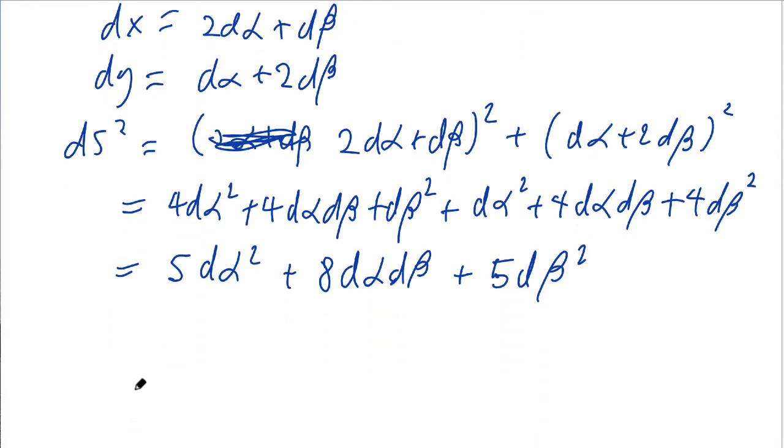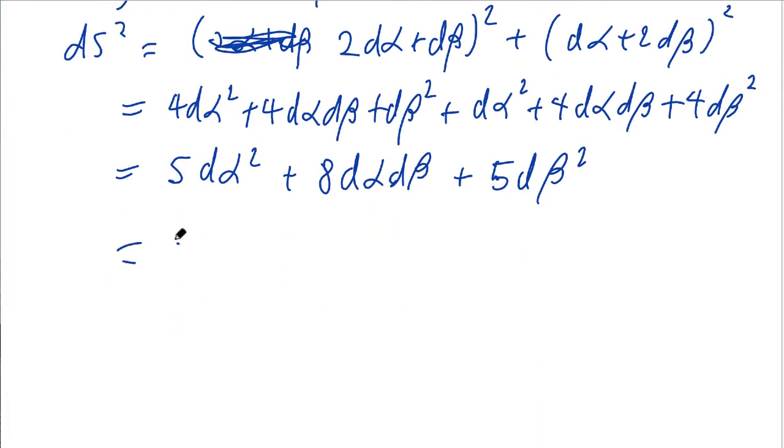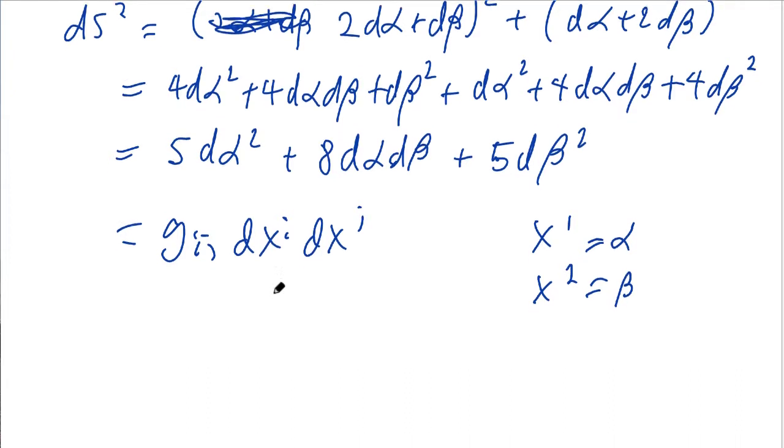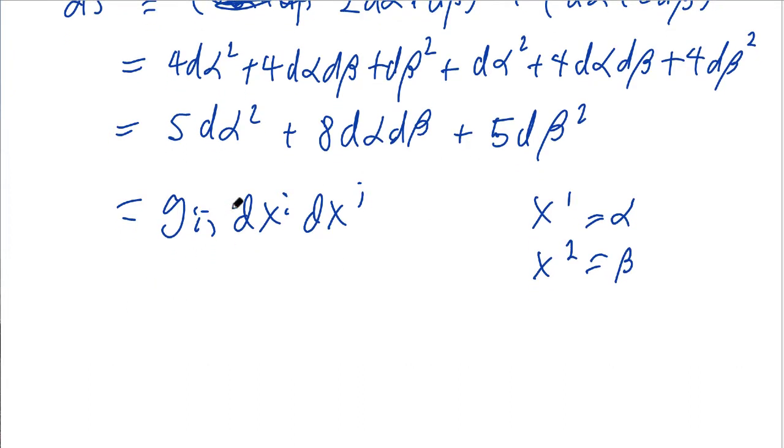We can write this in terms of our general notation as g ij dxi dxj, where I'm letting x1 be alpha and x2 be beta. In terms of this notation, g11 is the coefficient of d alpha squared, that's 5. g22 is the coefficient of d beta squared, that's 5.